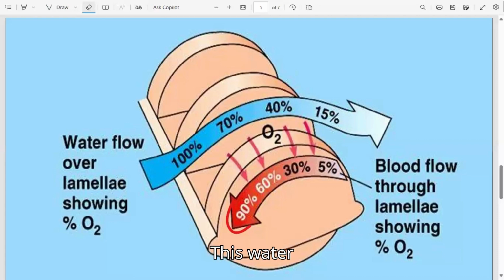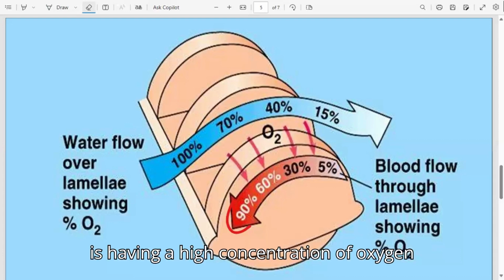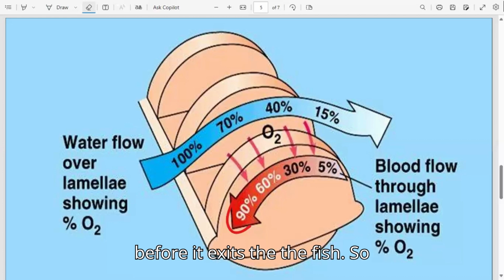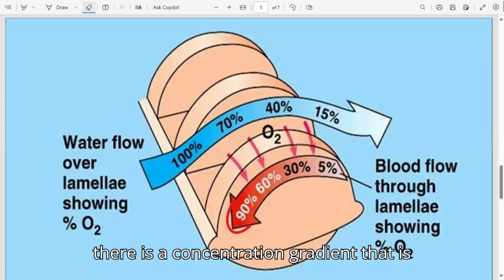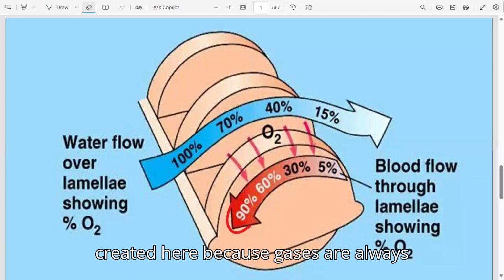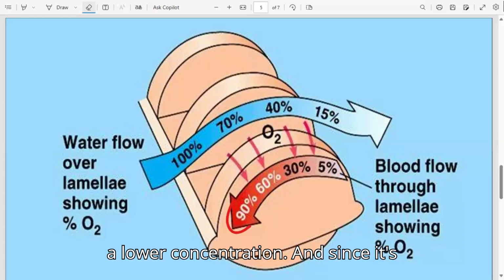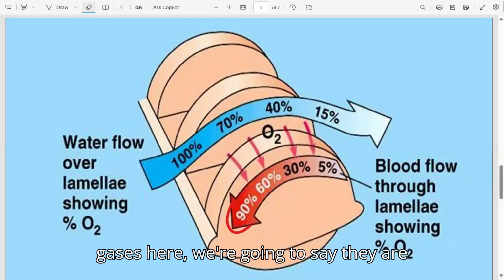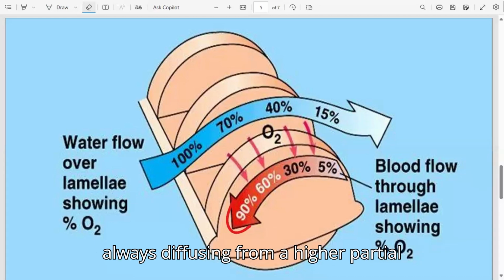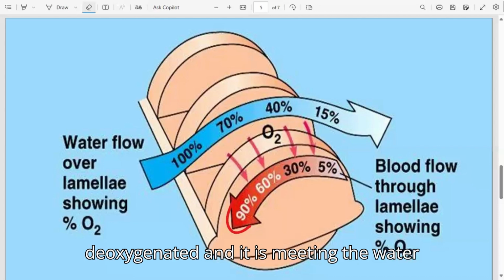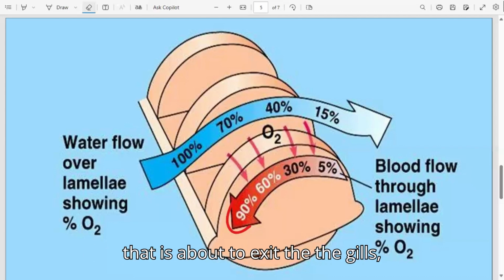This water has a higher concentration of oxygen than the blood it is meeting just before it exits the fish. So there is a concentration gradient created here, because gases are always diffusing from a higher concentration to a lower concentration. And since it's gases here, we say they are always diffusing from a higher partial pressure to a lower partial pressure. So this blood is highly deoxygenated, and it is meeting the water that is about to exit the gills, which is low in oxygen.